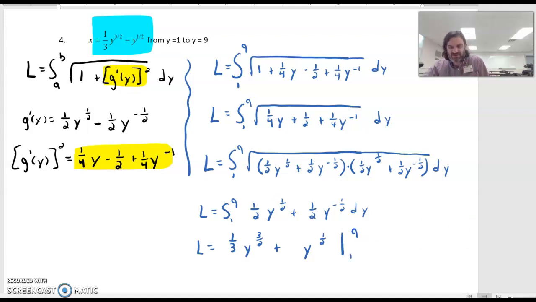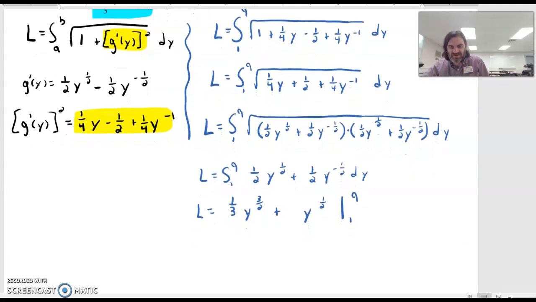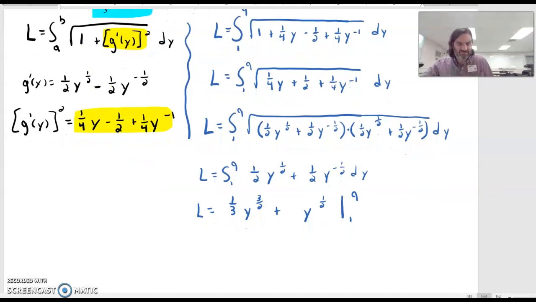So let's slide down the page just a little bit so we can evaluate that. Alright, so let's let y equal 9, and we plug that in there. We'll have 1/3 times 9 to the 3 halves, square root of 9 cubed, so that will be 27, so I think that'll just be 9 in the end, plus the square root of 9, which will be 3.